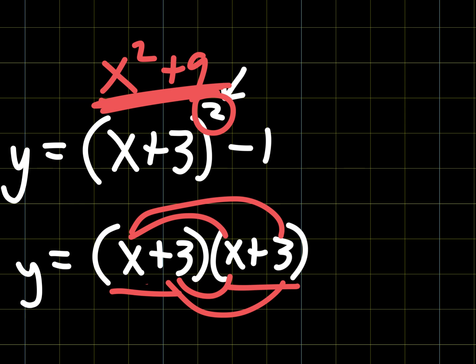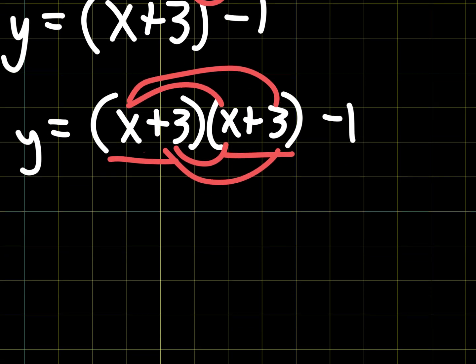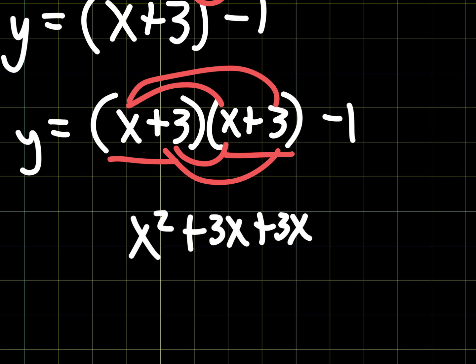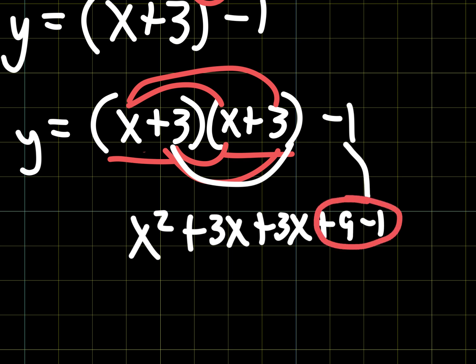All right, so that was the most common mistake. And here's the final answer on this one. X squared plus 3x plus another 3x, and then the 3 times 3 at the end, plus 9. And then I'm bringing down this minus 1, and then the last thing you would do is put those together.